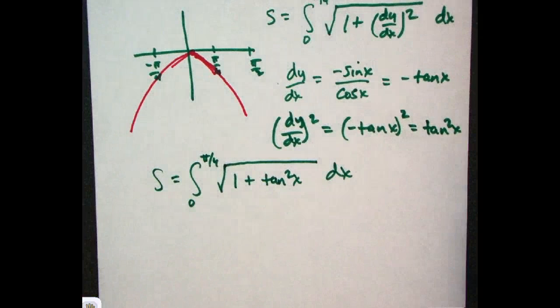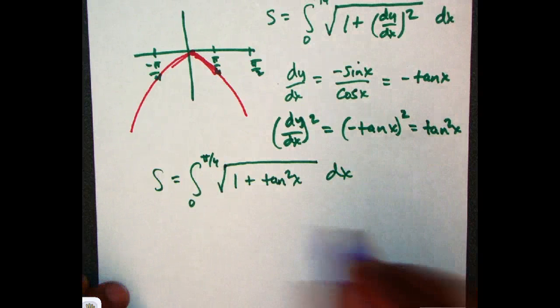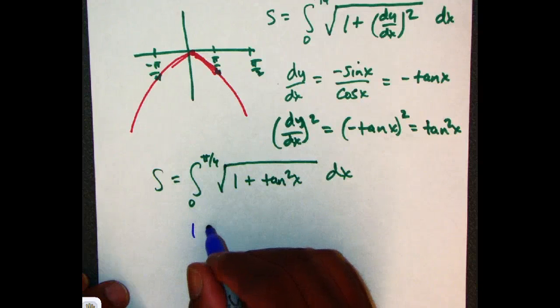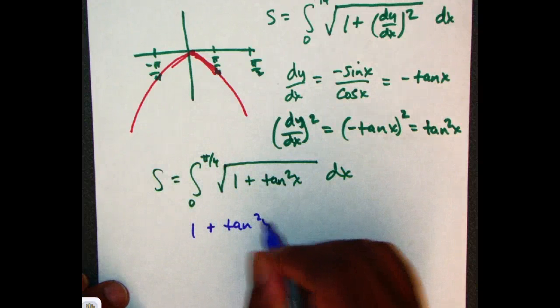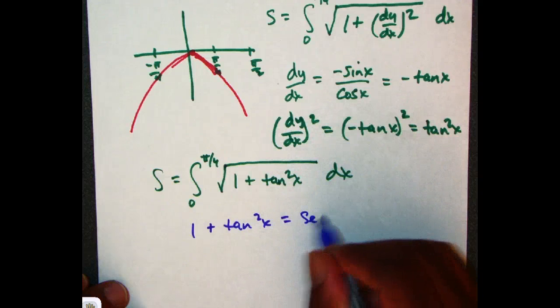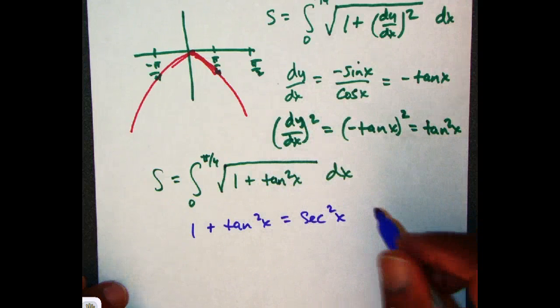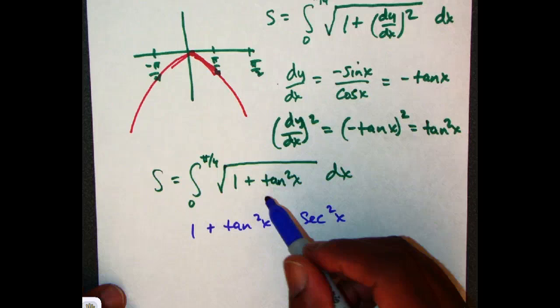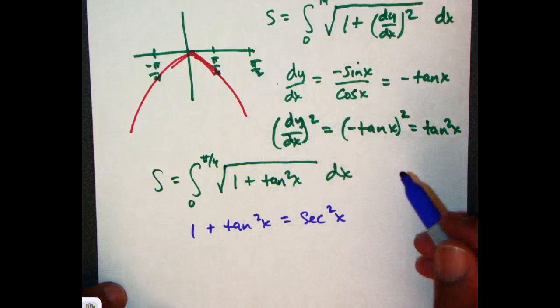Now you may recognize that 1 plus tan squared x represents a Pythagorean trig identity. Remember that 1 plus tan squared x is equal to secant squared x. So we can replace the 1 plus tan squared x with secant squared x.